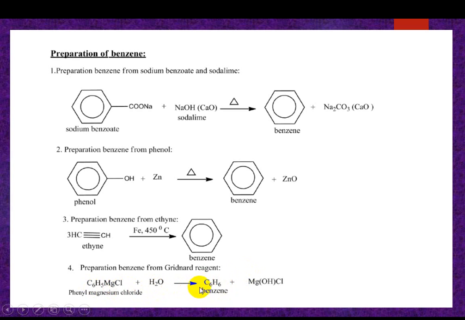Hydrolysis of Grignard reagent forms benzene. You have to memorize this reaction.